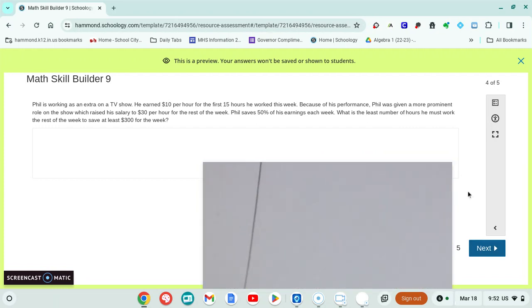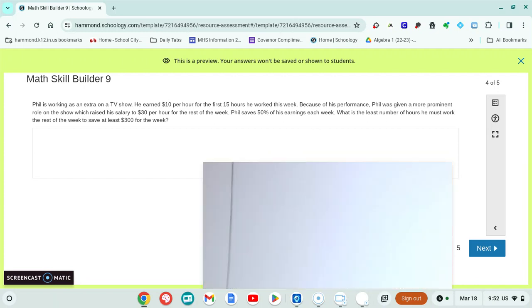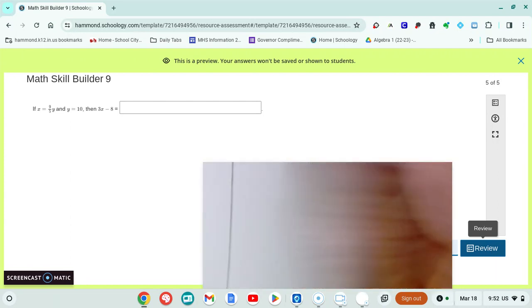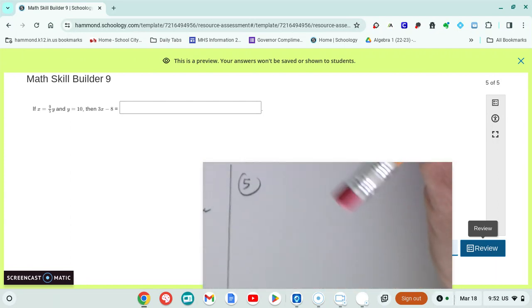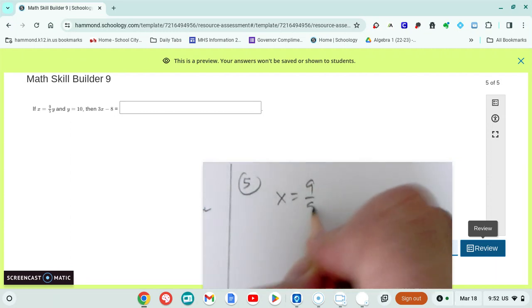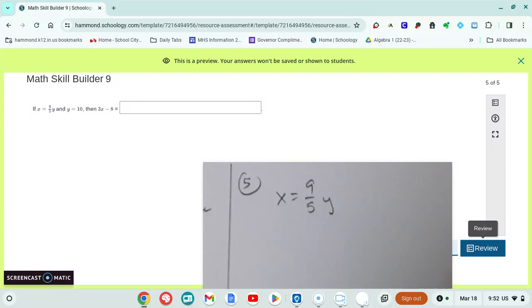Okay, last one. All right, we have x equals 9/5 y, and we're told y equals 10.